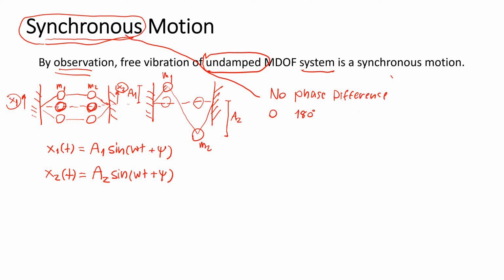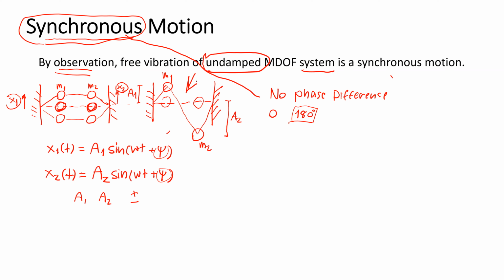If we write these two equations with the same phase shift, and the phase shift difference is 180 degrees, it just appears as a different sign of A1 and A2, which means A1 and A2 can be both positive and negative. If A1 is positive and A2 is negative, it may show a response like this.